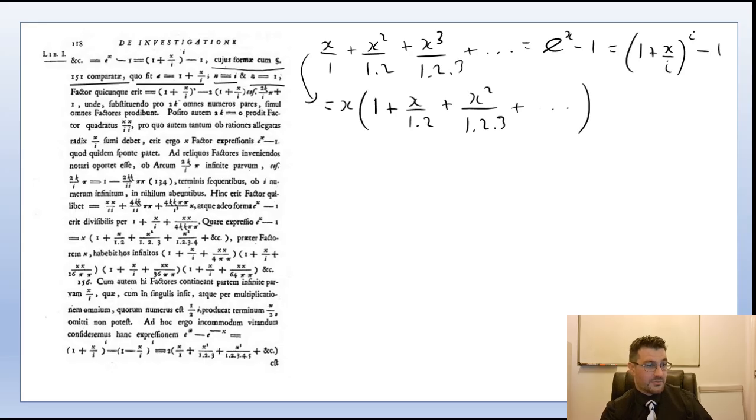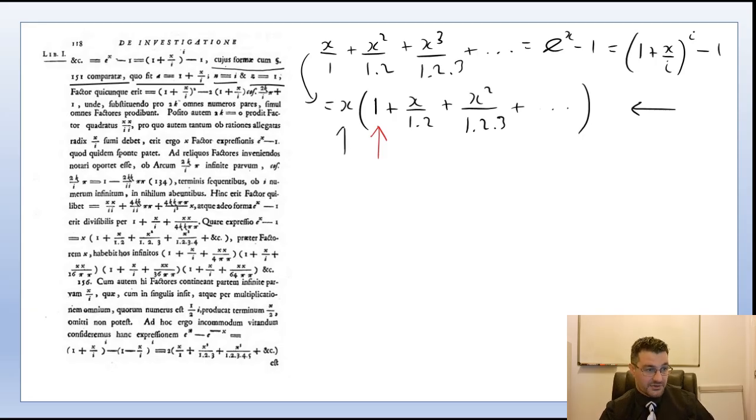The form of this is going to be really important to us, because what Euler is going to be doing is finding the factors of this, the linear, but more interestingly, the quadratic factors, and he's going to have to rescale the factors. It's this number here, the 1, that tells us how to rescale those factors.